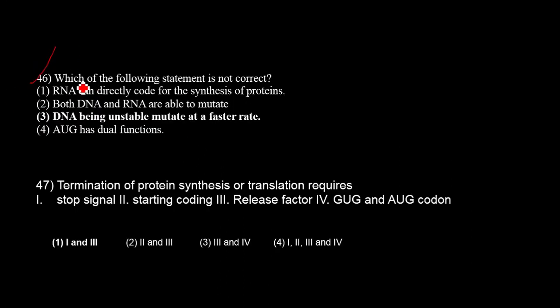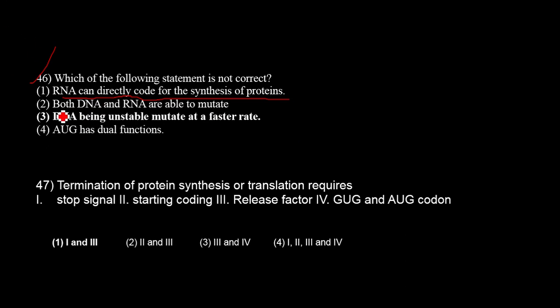Question number 46. Which of the following statements is not correct? See, option 1, DNA can directly code for the synthesis of proteins. Sorry, RNA can directly code for the synthesis of proteins. Correct only, RNA directly codes for the synthesis of proteins. But DNA depends on RNA for the synthesis of proteins.